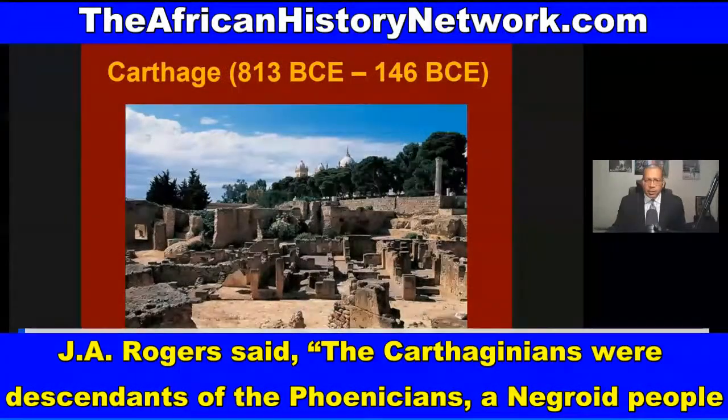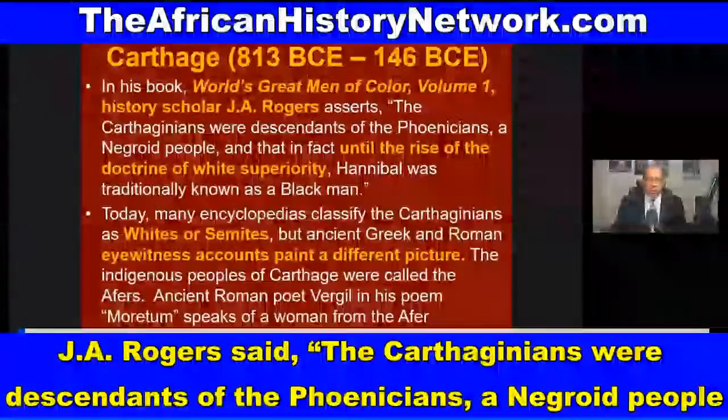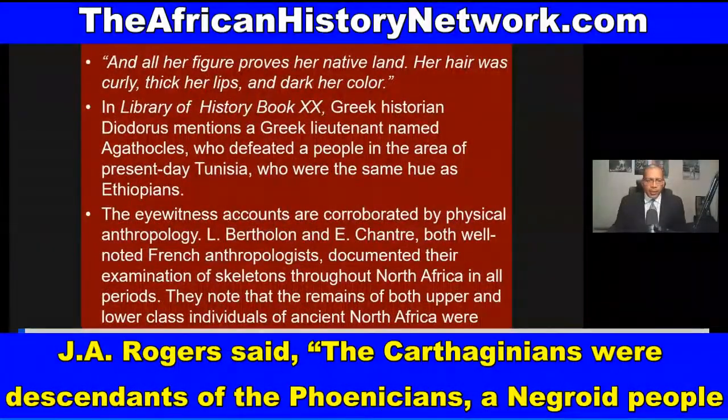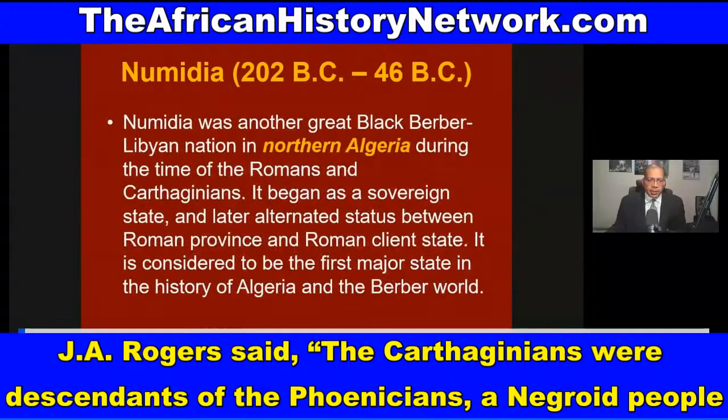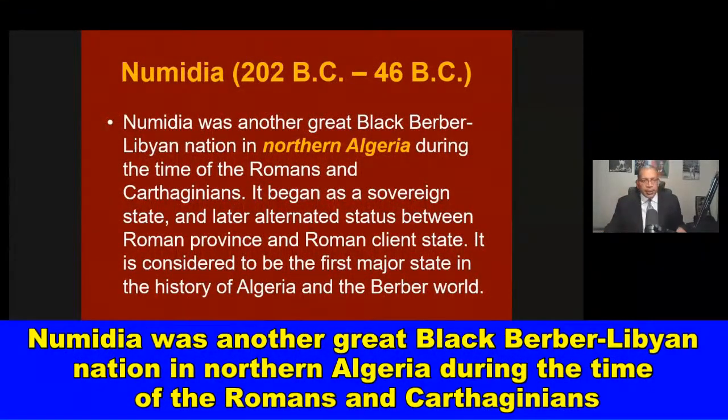Okay, so we have Carthage. Europeans try to claim Carthage for themselves also, and we deal with Carthage in the class, and the Punic Wars. We talk about Numidia also, which existed from about 202 BC to 46 BC, because we go through and look at different African civilizations. We look at a chronology of thousands of years of history. Now, Numidia was another great Black Berber Libyan nation in northern Algeria during the time of the Romans and Carthaginians.